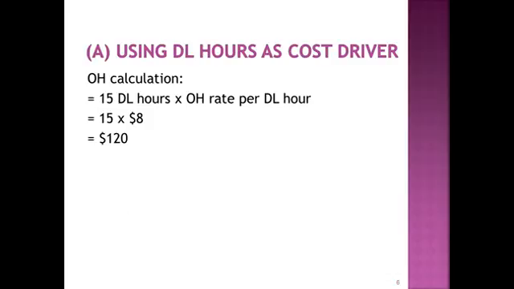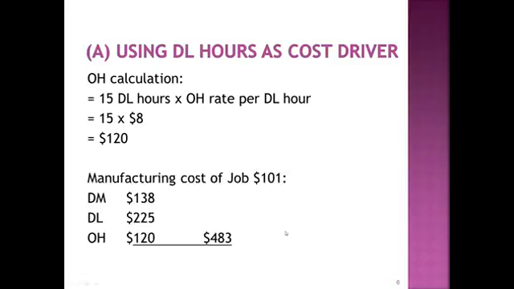So if we use direct labour hours as a cost driver, our overhead calculation will be, for this job, 15 direct labour hours times the overhead rate per direct labour hour. Okay, so the job's going to take 15 direct labour hours. So we'll take 15 times 8, the rate that we worked out in the previous part. So 15 times 8 means that we'll allocate $120 worth of overhead to this job.